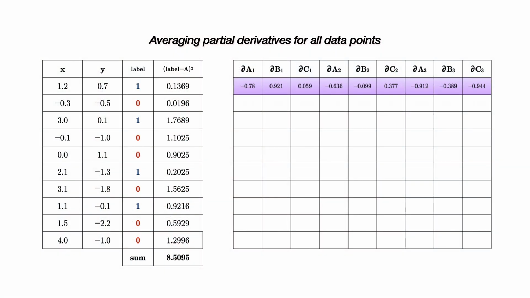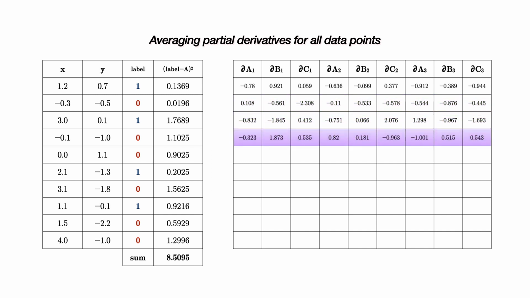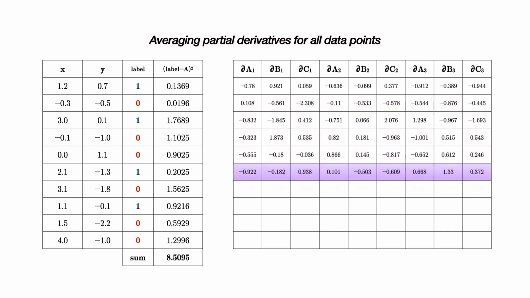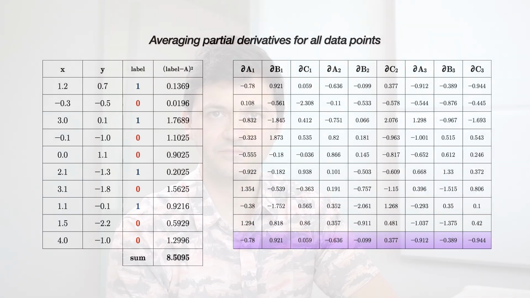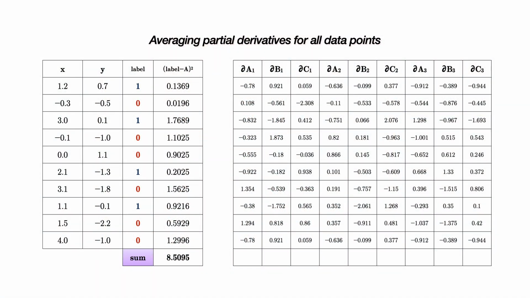So then we get to compute the partial derivatives for the second data point while still keeping track of the derivatives for the first data point. Then the third point, fourth point, fifth point, sixth point, seventh point, 8th point, 9th point, and the 10th point. So if we found a way to keep track of these values, we can now sum them for all the data points. So instead of having 9 partial derivative values, we now have 9 sums of partial derivatives.